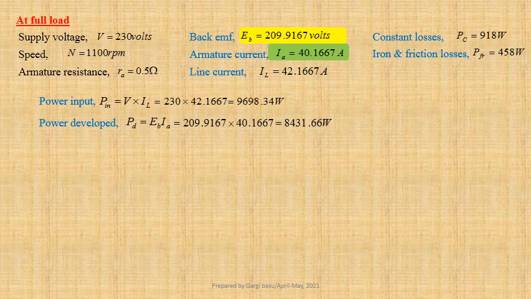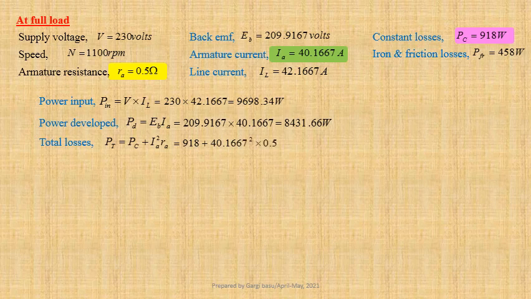Total losses PT equals PC plus I square times RA. Using values, we get 918 plus 40.1667 square into 0.5. That gives us 1724.68 watts.